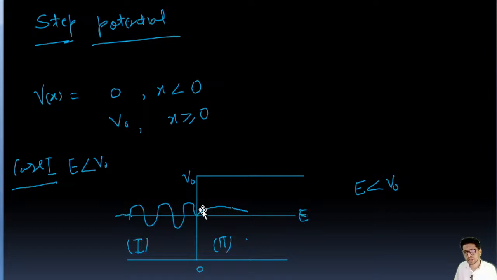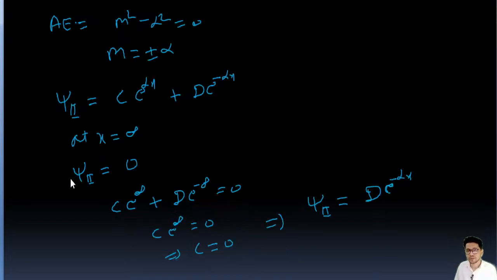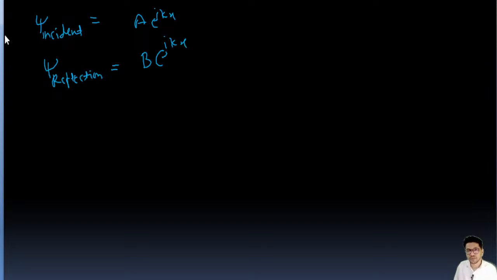So in that case, because it's quantum mechanics, there is a probability that the wave will penetrate this barrier and go into the second region. Because this is a real function, the wave will be like this, and there wouldn't be any oscillatory motion. The wave that goes into the second region is called the transmitted wave.